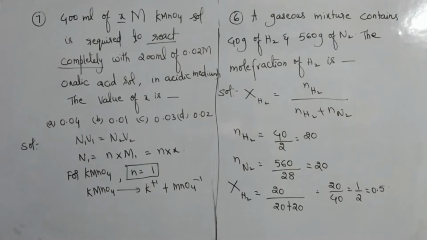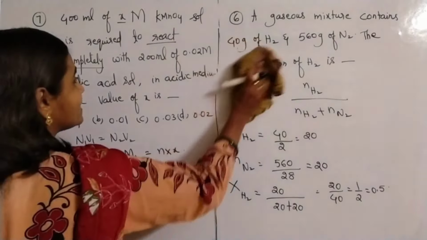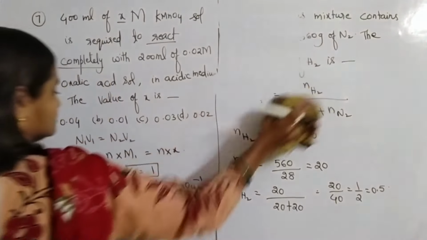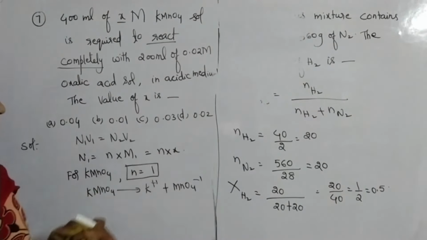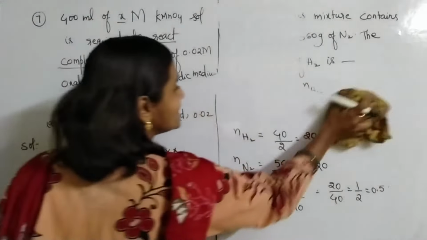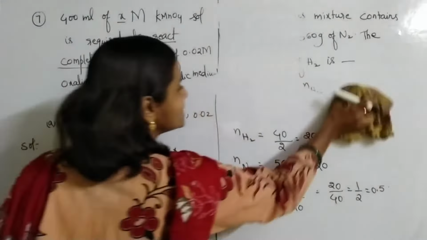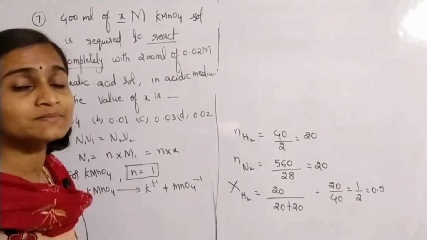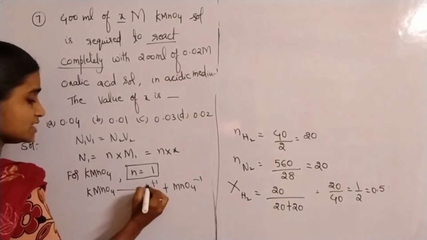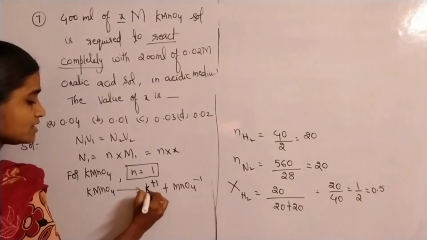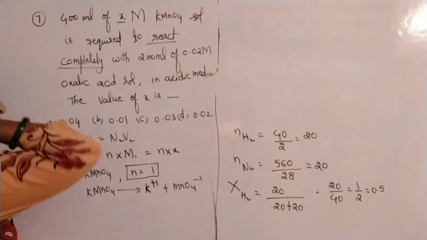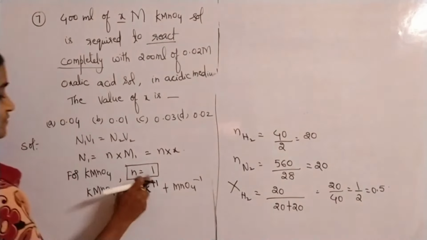So normality will become how much? 1 into X. In place of n keep 1. For KMnO4 the n factor is 1 only. It dissociated into K plus, charge is 1 only, and MnO4 minus, n is 1.